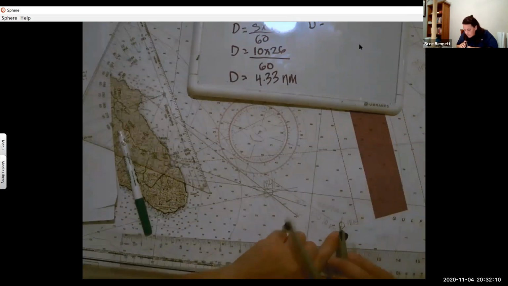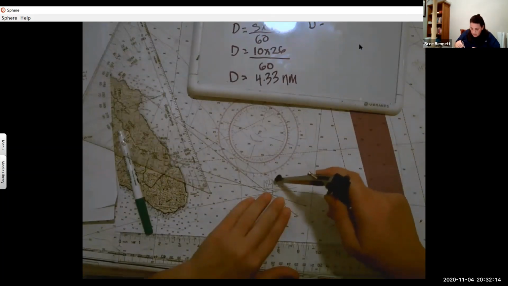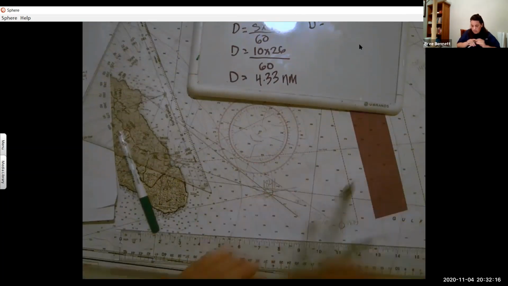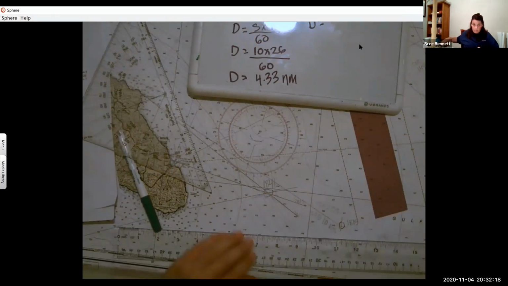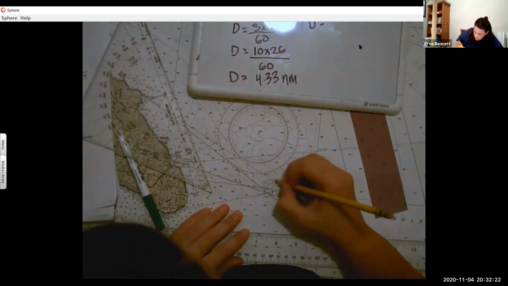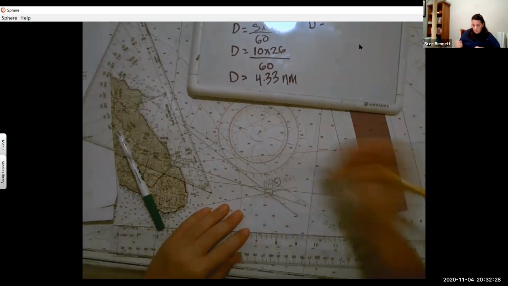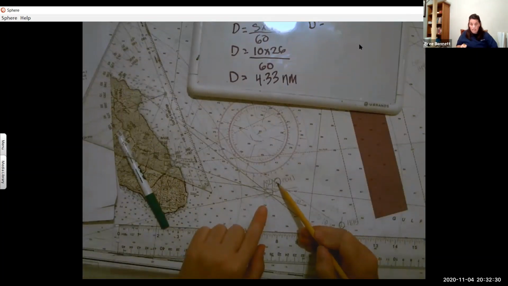From my 1815 fixed position, I can plot my DR. So this is where I thought I'd end up, and I ended up down here.